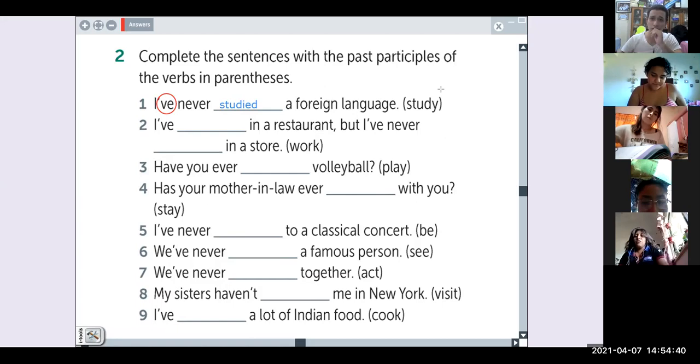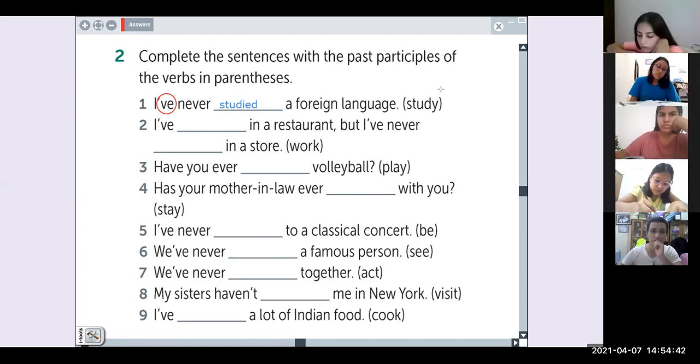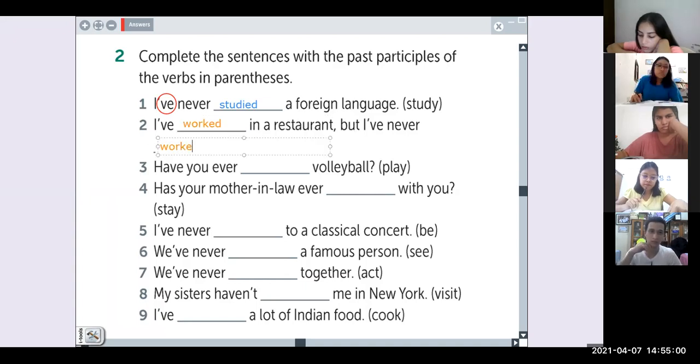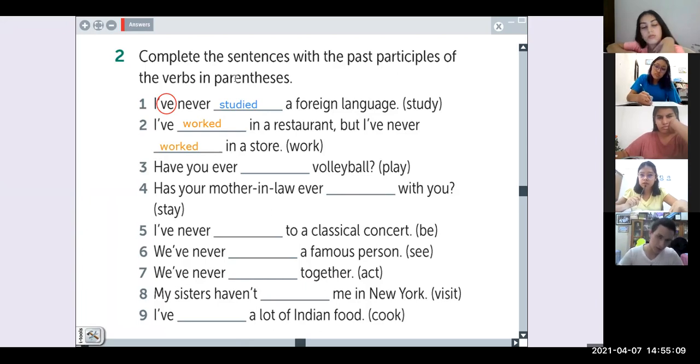Very good. Let's go with a boy. Braham, please. Number 2. I've worked in a restaurant, but I've never worked in a store. Okay. We are going to improve a little bit the pronunciation. Recuerden que cuando avanzamos el pasado simple, habíamos hablado de la pronunciación de los verbos con ed, ¿cierto?